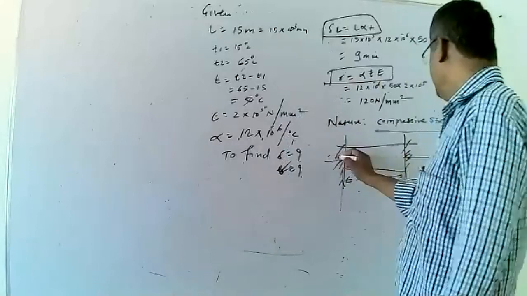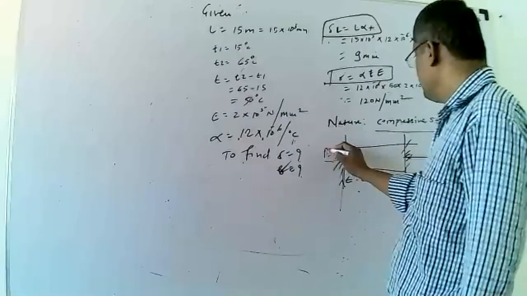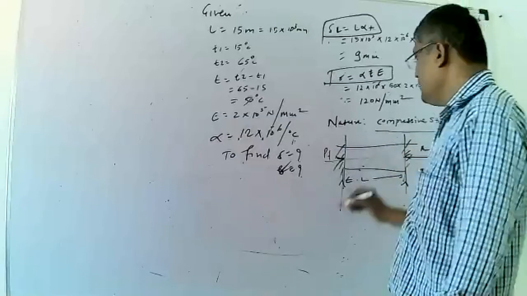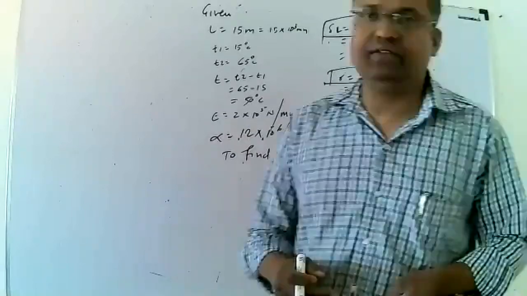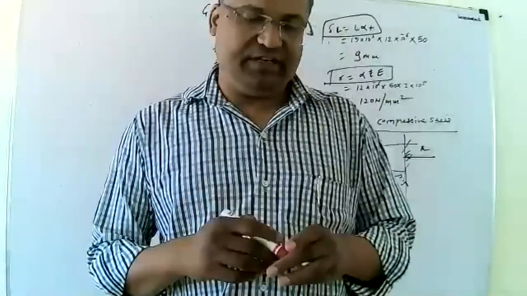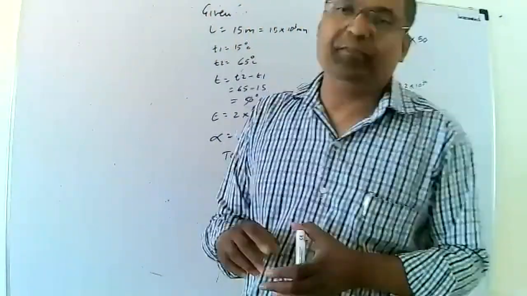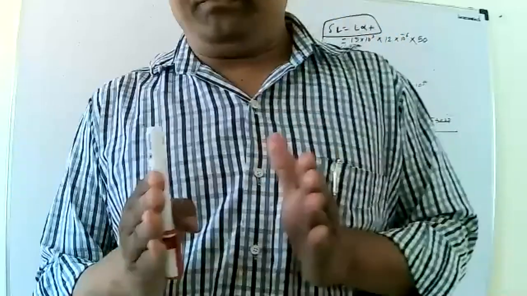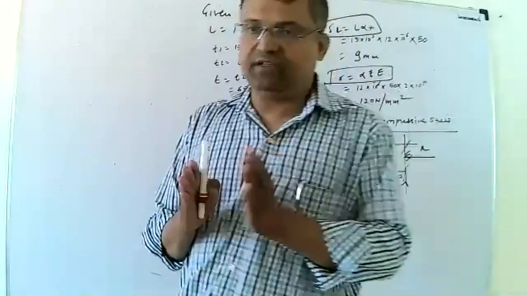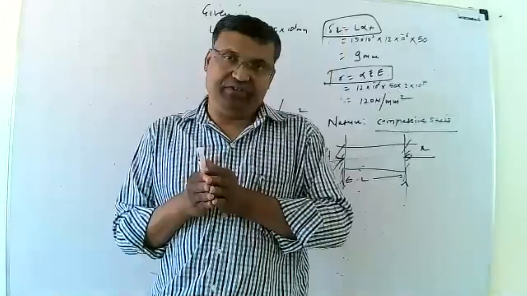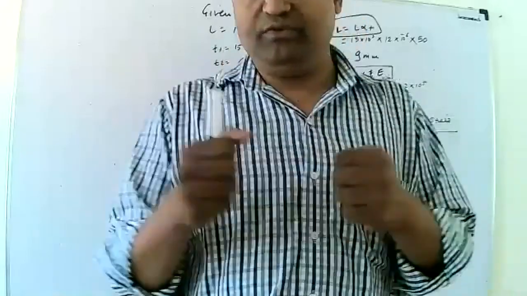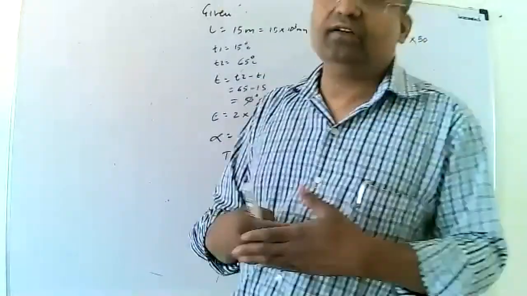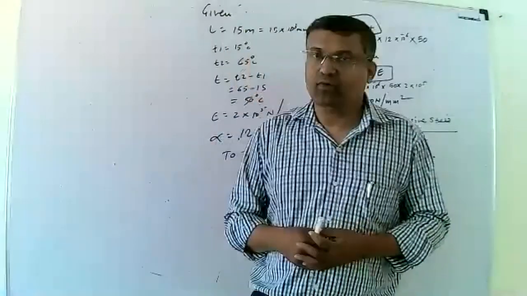The two forces on the opposite sides resist, meaning compressive stress will be generated. That stress will be prevented by the two supports, and the nature of stress induced in the material is compressive. This compressive force will be generated in the specimen. Okay.